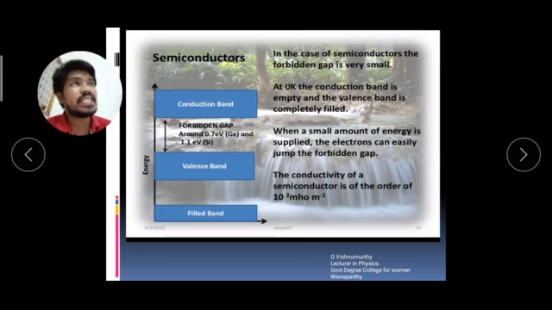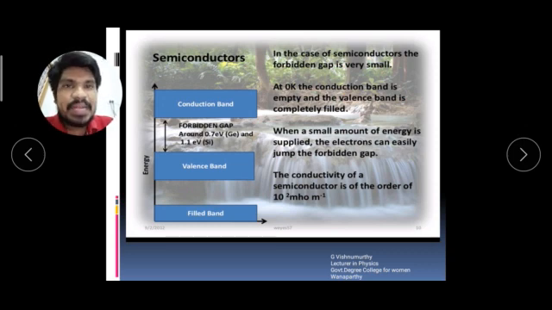Okay, here you see that two definitions are there, that is the doping process and doping elements. First, the doping process: when we add external material to the semiconductor, that process is known as the doping process.